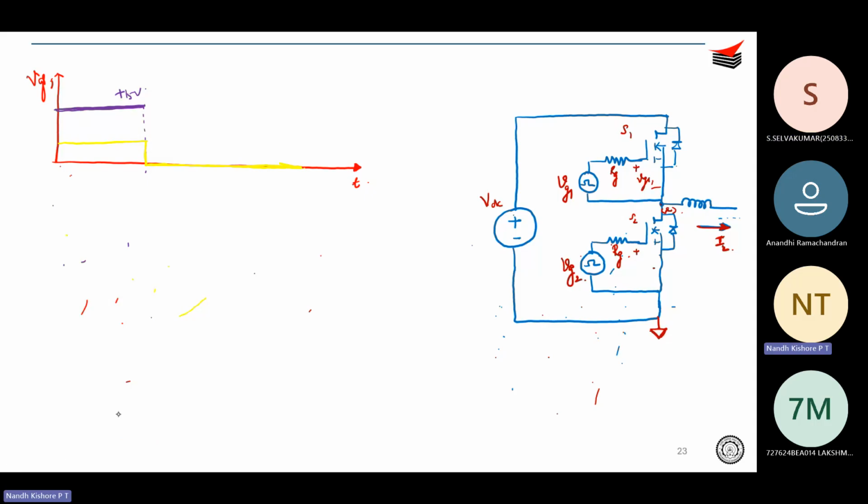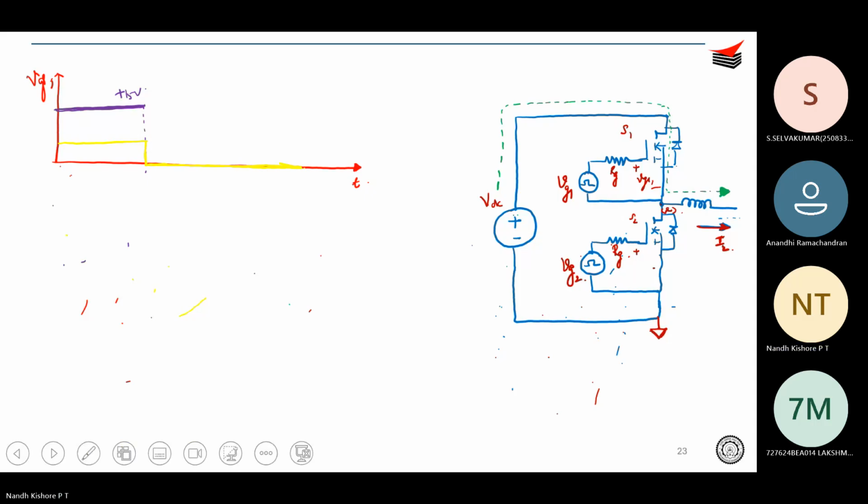Initially my top device was conducting, as in the current direction was something like this. Agreed? This is how the current was flowing.